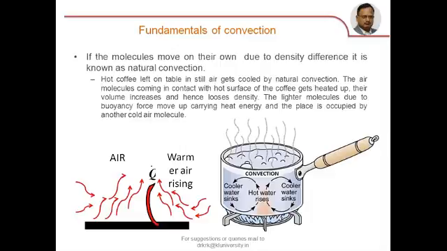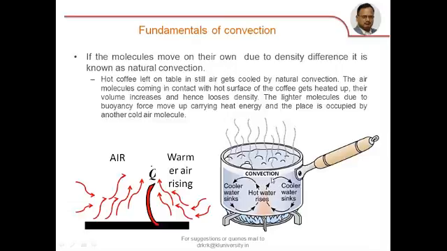Have a look at this diagram. When you keep water in a pan on a stove, the bottom surface temperature rises and then the water molecules coming in contact with this hot surface carry heat energy, move up, and in the process of rising they interact with other cold water molecules.